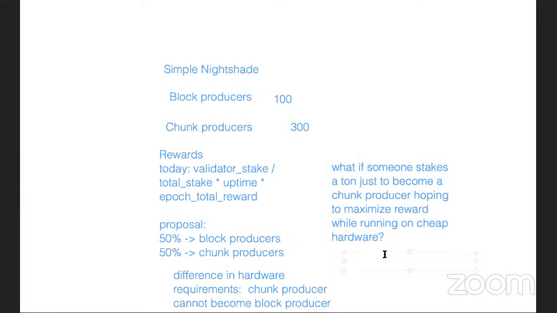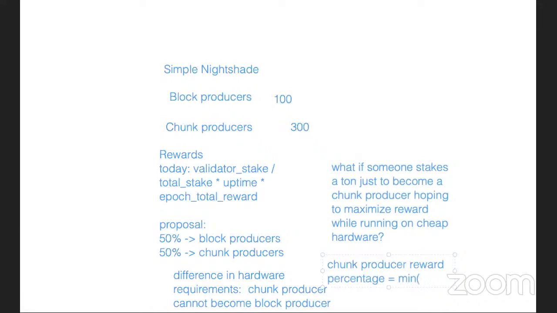So basically, it's your proposal that the chunk producer reward would be their total stake divided by the overall stake. Yes, however, we can have a limit, capped at 50% of overall.